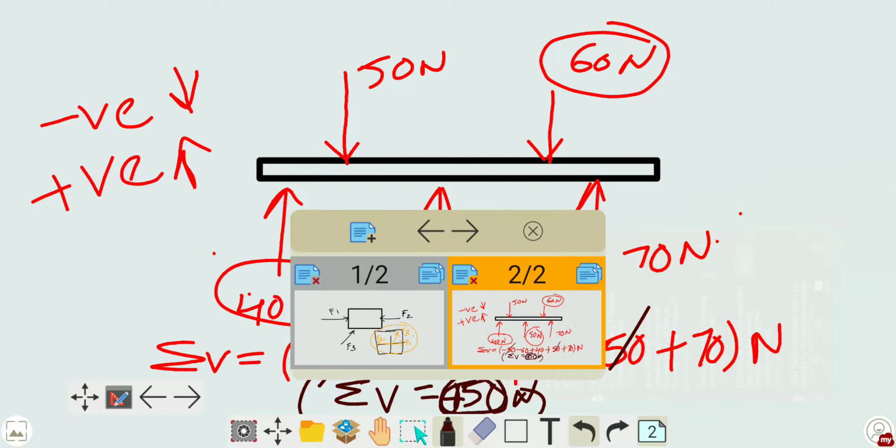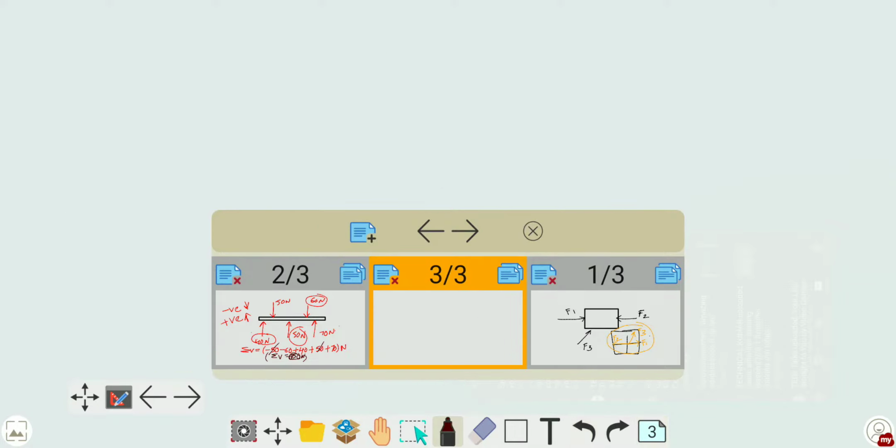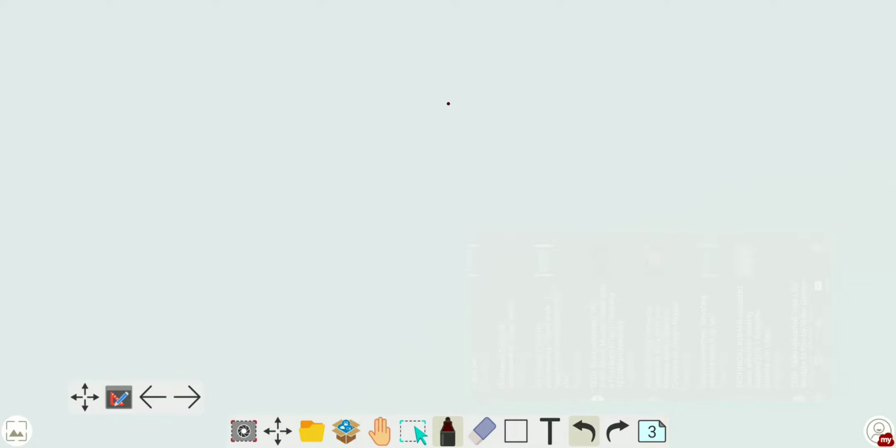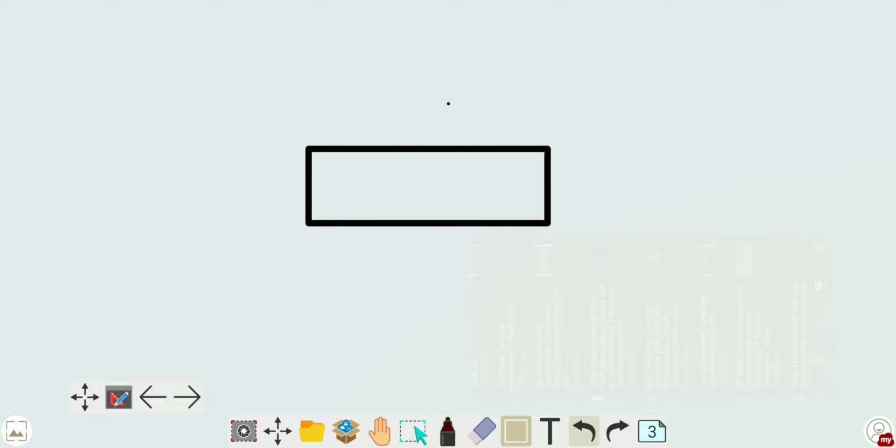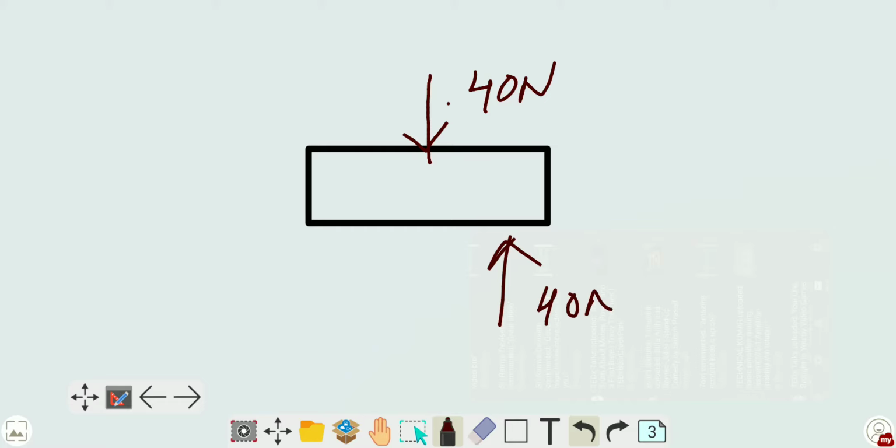Let us understand another point which is very useful. I have taken another body on which a force is acting in this direction. Let us say it is 40 newtons, and the same 40 newtons is acting in the opposite direction.